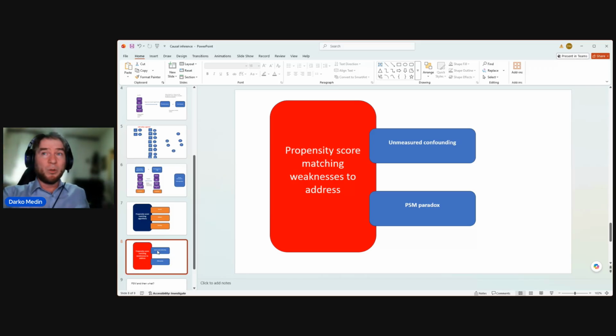So that's why we have to combine the propensity score matching with other statistical tools and approaches which will help us evaluate the sensitivity of the analysis towards unmeasured confounding. In other words, we have to quantify unmeasured confounding, we have to address it, we have to check if the analysis breaks, in terms of whether unmeasured confounding is large enough to break the analysis.